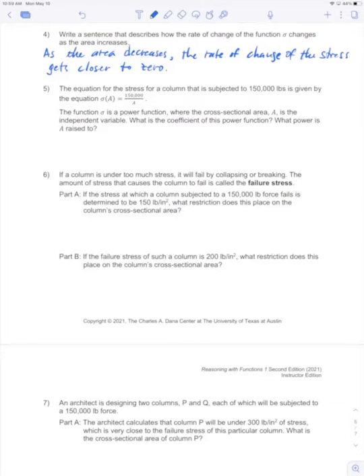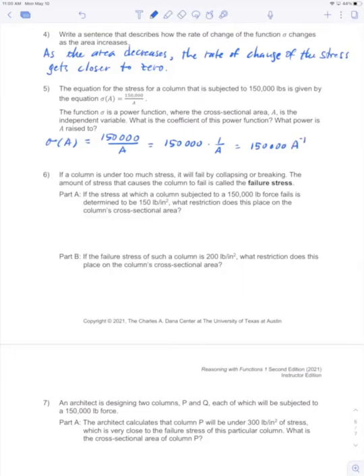So I'm just going to copy this function again. Sigma of A is 150,000 over A. I'm going to rewrite this as 150,000 times 1 over A, and it could also be written as 150,000 times A to the negative 1.